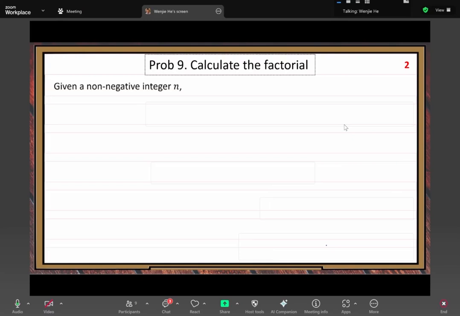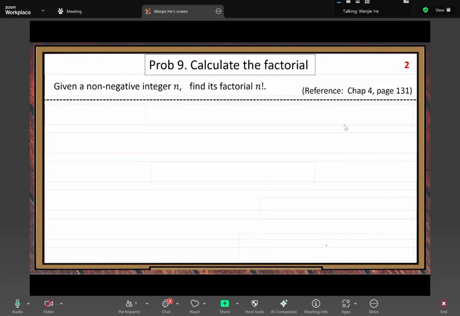Let's look at a question. Given a non-negative integer n, find its factorial, n factorial. It's a simple example, but we can use it to understand recursion easily. First, method 1. In method 1, we do not need to use recursion, right?